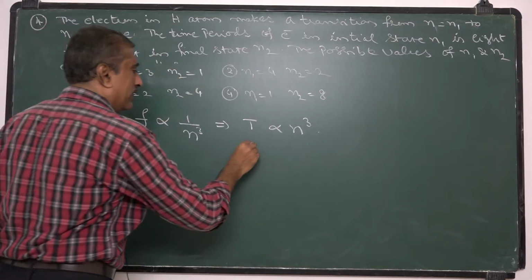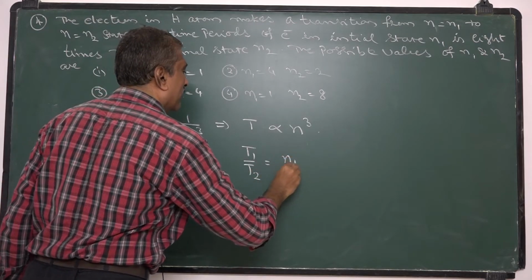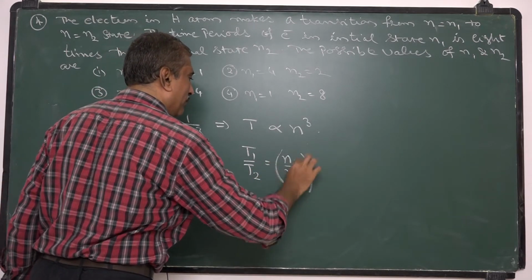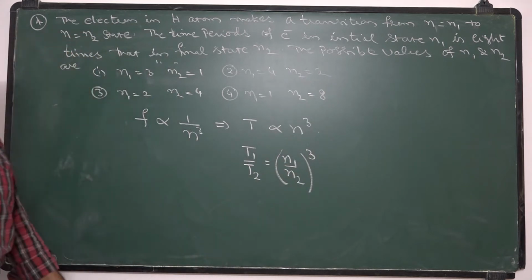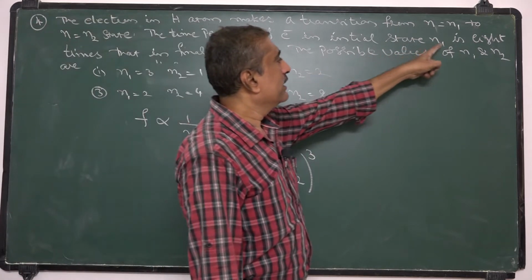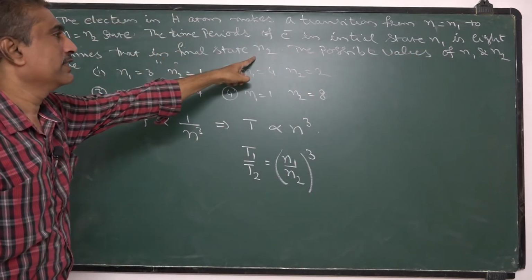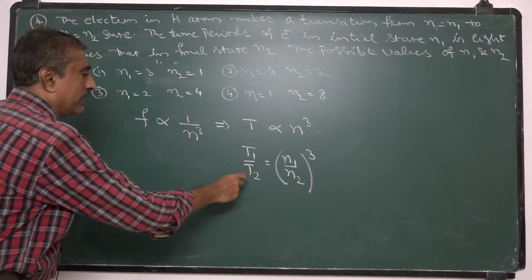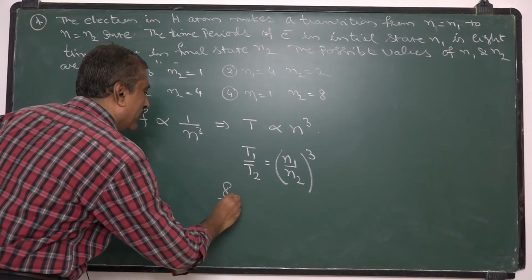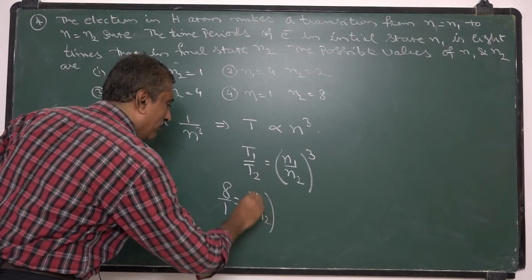So we can write T1 by T2 is equal to n1 by n2 whole cube. Okay, but it is given that n1 state is 8 times the final state. That means here we can write 8 by 1 is equal to n1 by n2 whole cube.